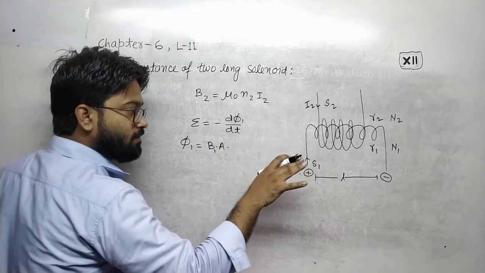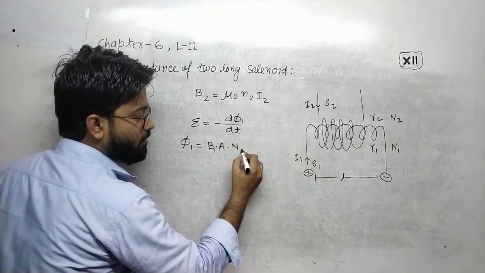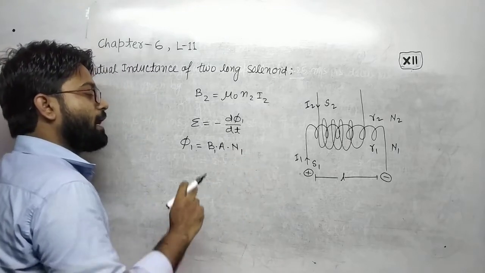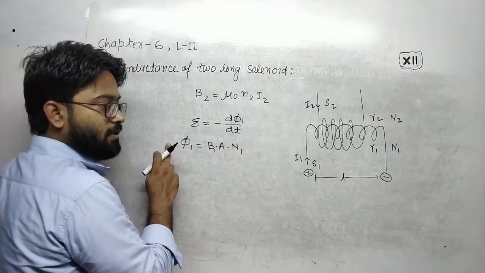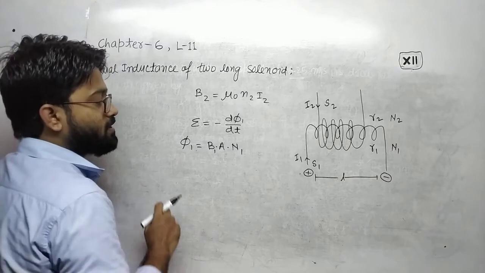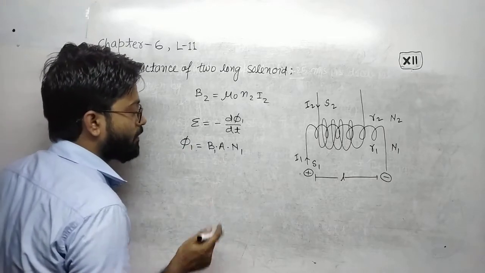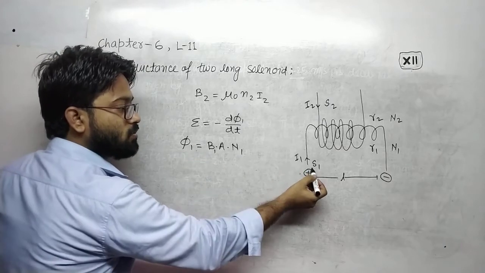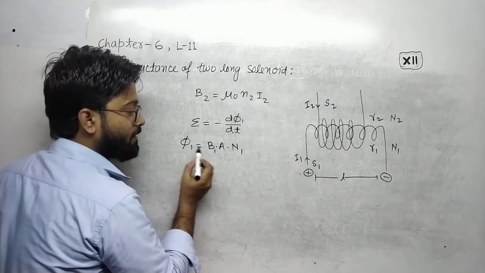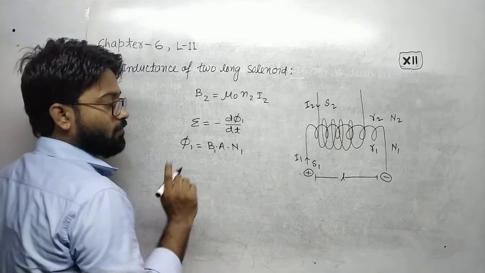The total flux linked with coil 1 is the number of turns N1, as we discussed in the previous lecture on self-inductance of a long solenoid. The total flux linked with the S1 coil is B1 A N1.